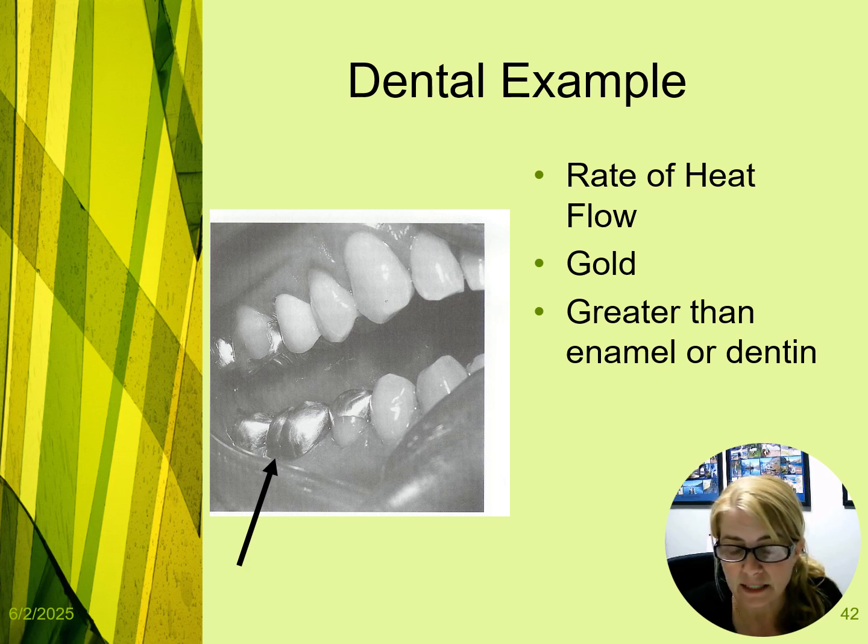So that plastic from a denture can minimize how much heat they feel. For the rate of heat flow, gold is greater than enamel or dentin, so they're going to feel heat through gold faster and more than they would through just enamel or dentin.